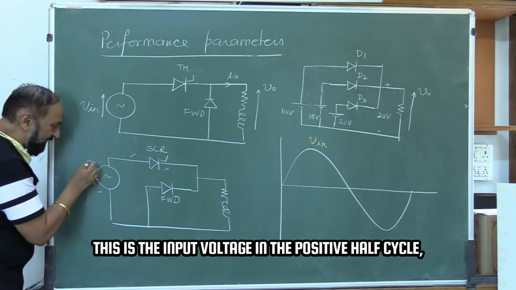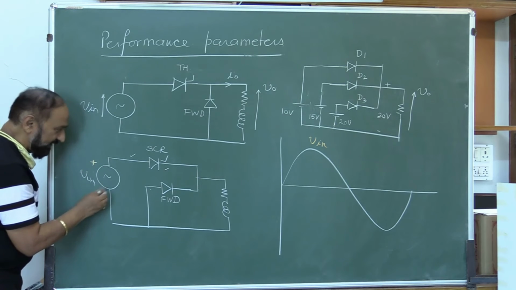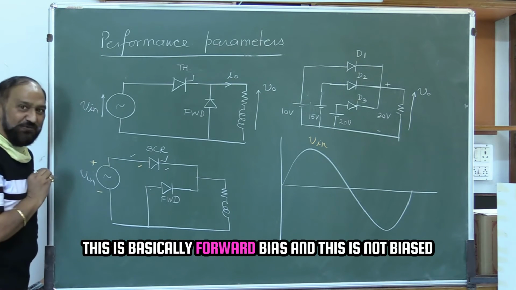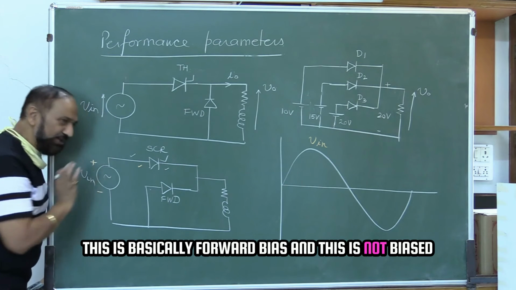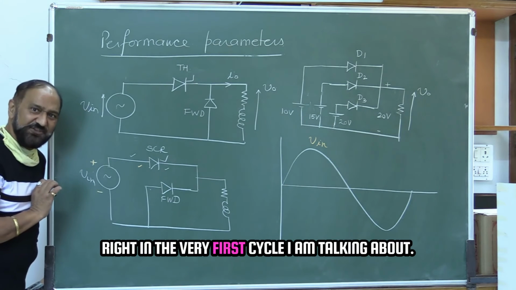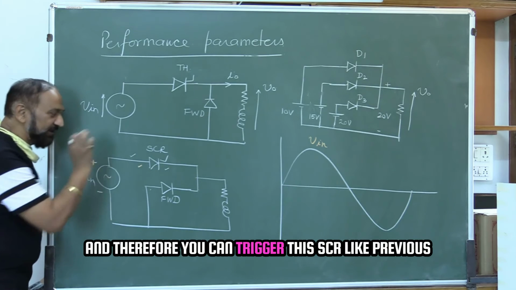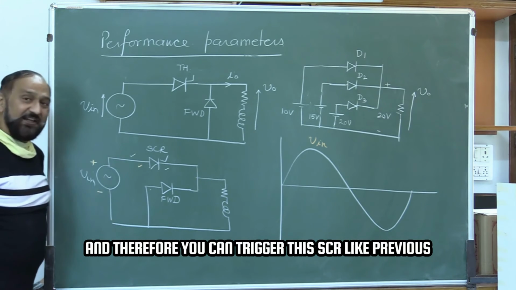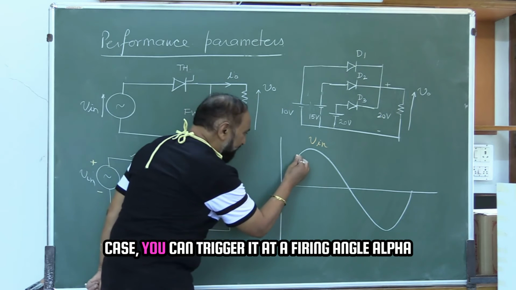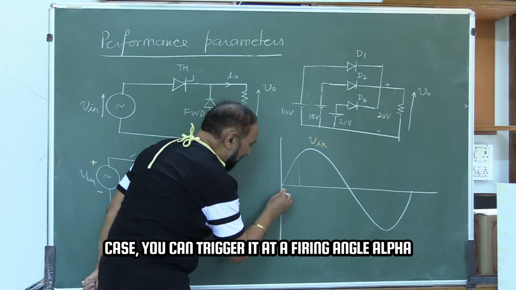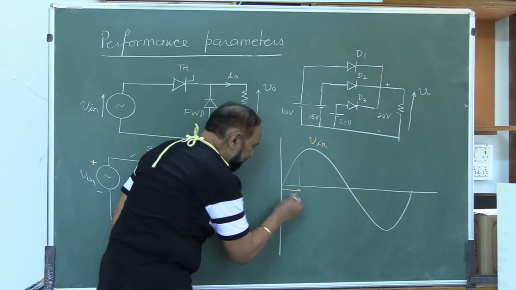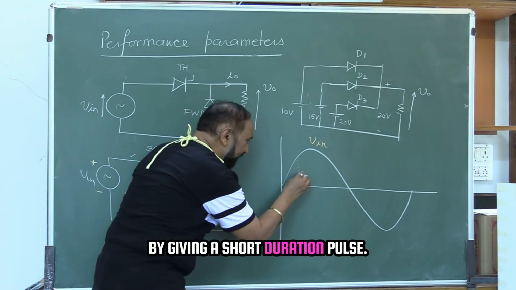In the positive half cycle, this is basically forward bias and this is not biased, right in the very first cycle I am talking about. And therefore, you can trigger this SCR. Like the previous case, you can trigger it at a firing angle alpha by giving a short duration pulse.